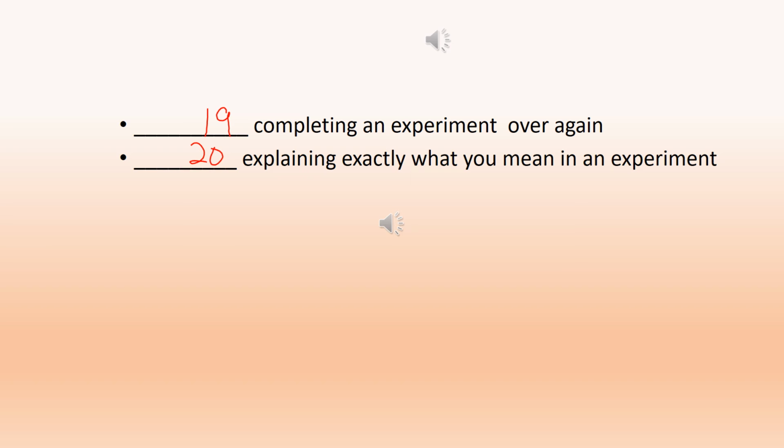So if you were going to talk about does eating a certain food, say eating pizza, cause violent behavior, well, what type of pizza? You have to be very specific. How much pizza? What is violent behavior? Is it kicking? Is it screaming? Number 19 is replication. And number 20, operational definition.